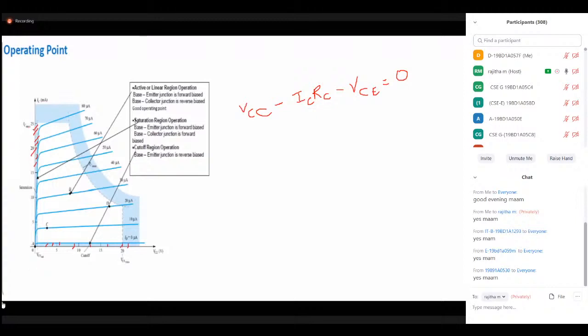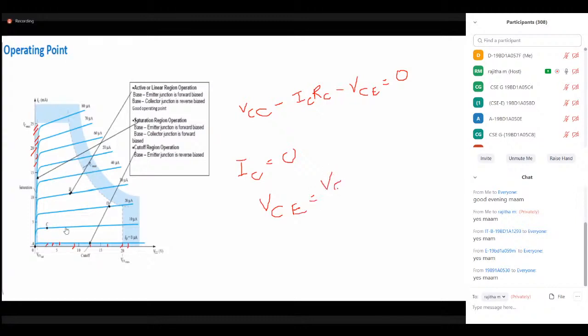In order to draw the DC load line, we require two points on the line. One point I will take on the x-axis and the other on the y-axis. I'll call them node A on the y-axis and node B on the x-axis. For node B, when IC is 0, VCE becomes the quiescent value.